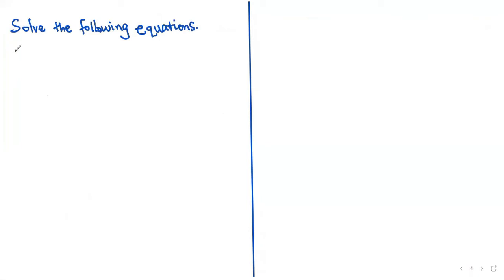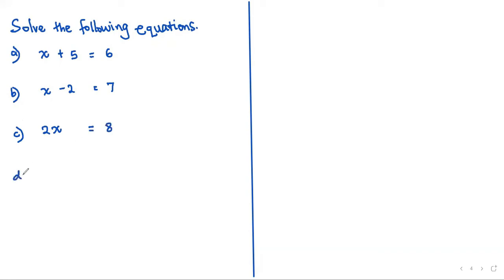Okay, so let's have a, x plus 5 equals 6. Okay, let's have b, x minus 2 equals 7. Let us have c, 2x is equal to 8.